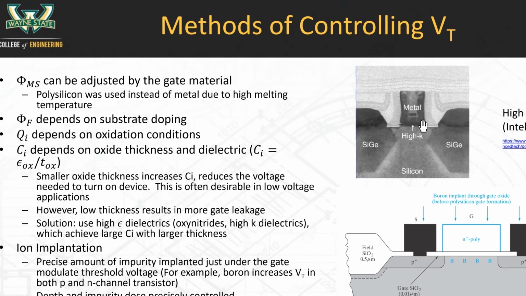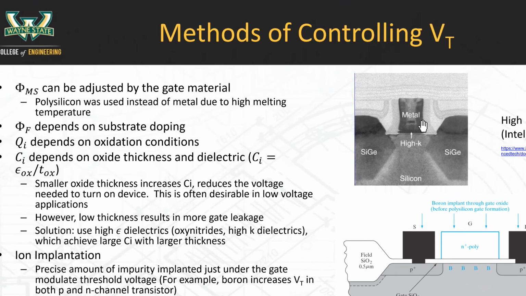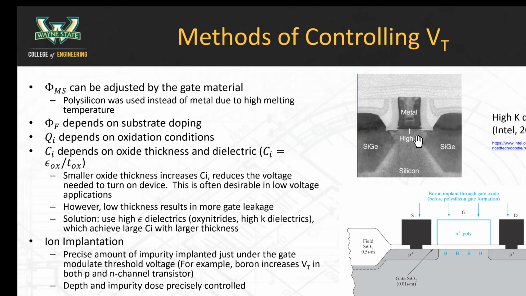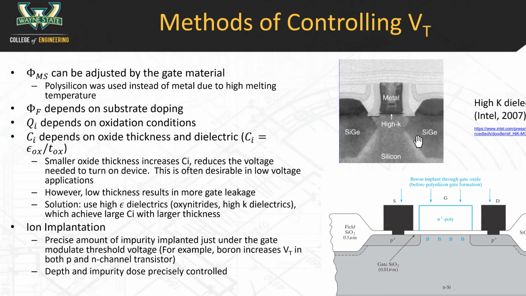Things like oxynitrides have a slightly higher dielectric constant than silicon, but there are other materials that have higher dielectric constants that was used by Intel for quite some time. So this is a way to achieve a large CI, which is a capacitance. And what that means ultimately is that you have more control over the gate.